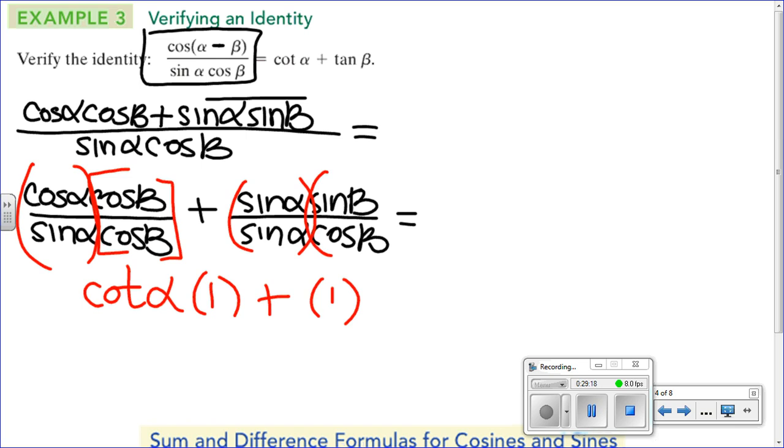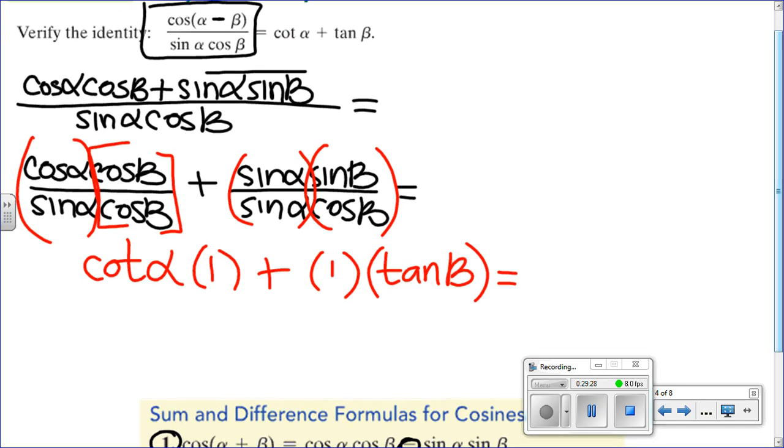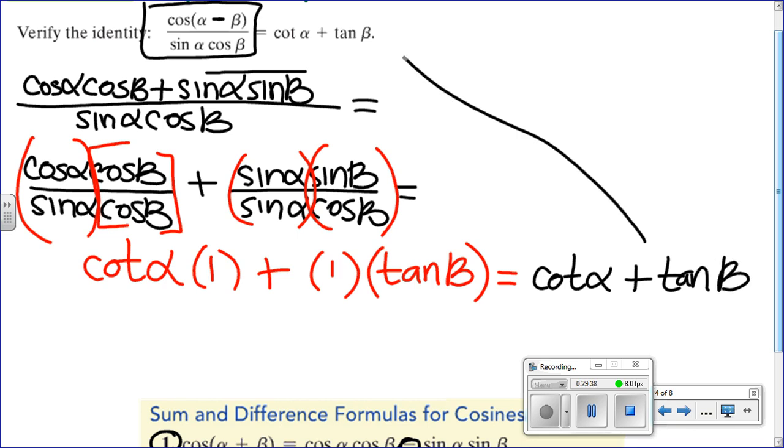And what is sine of beta over cosine beta? Tangent. That's what we needed, right, on the right side? Yes. Tangent of alpha plus tangent beta. That's what we were trying to prove.